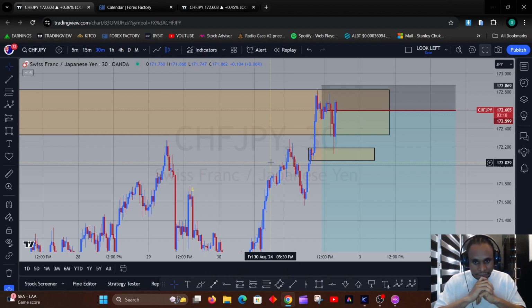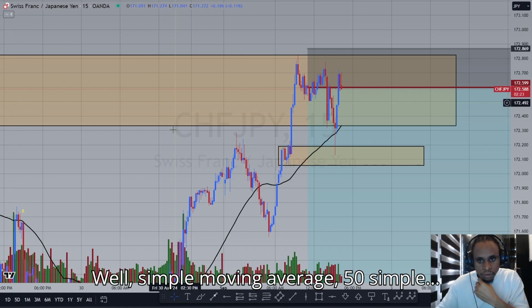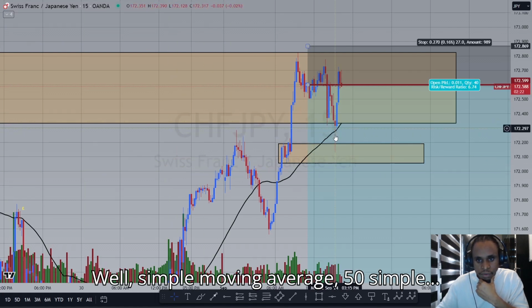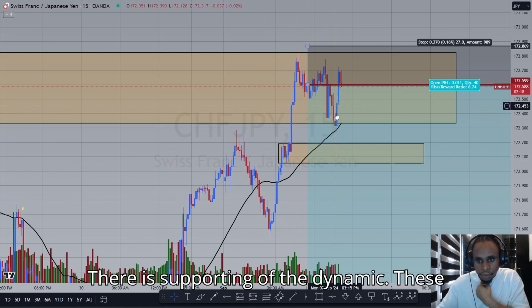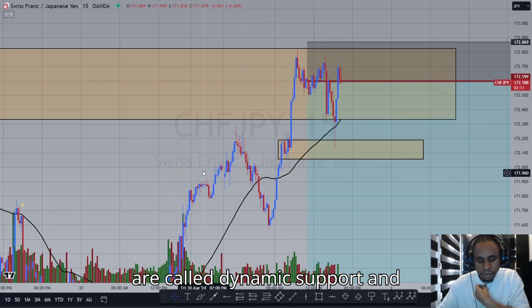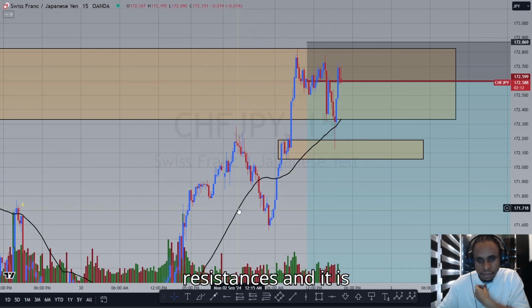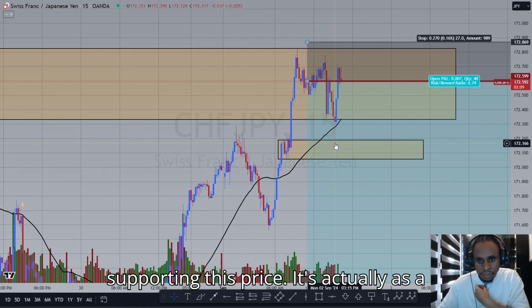Should I close my trade? Well, this is the 50 simple moving average. These are called dynamic support and resistances, and it is supporting this price.